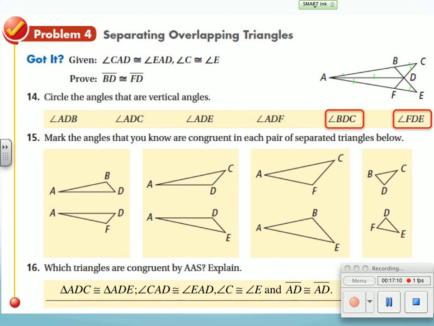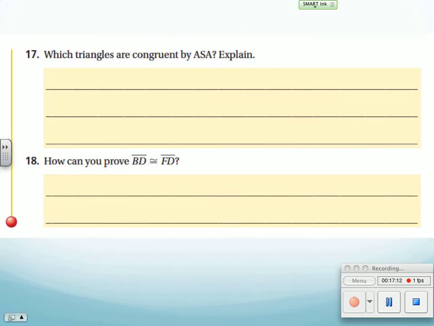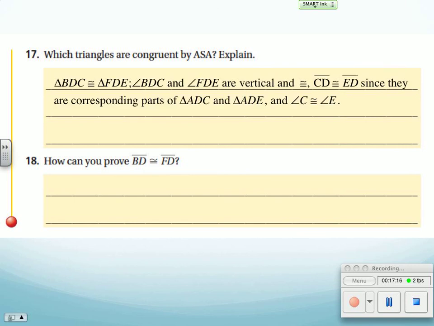Let's continue on looking at this. Which triangles are congruent by ASA? Triangle BDC is congruent to triangle FDE by ASA. Angle BDC and angle FDE are vertical angles and congruent.